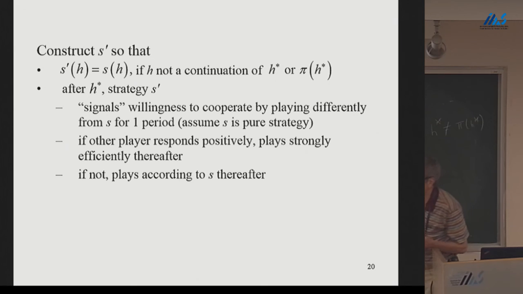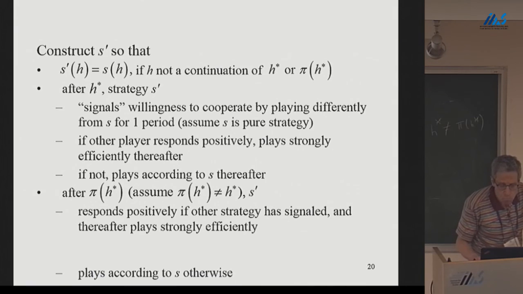So for the prisoner's dilemma, that means it's going to cooperate in every subsequent period. Let's think of the prisoner's dilemma for now. I'll talk about the battle of the sexes later. That's slightly more complicated. In the prisoner's dilemma, S prime will cooperate in all subsequent periods, provided that the other player has responded positively to its olive branch.